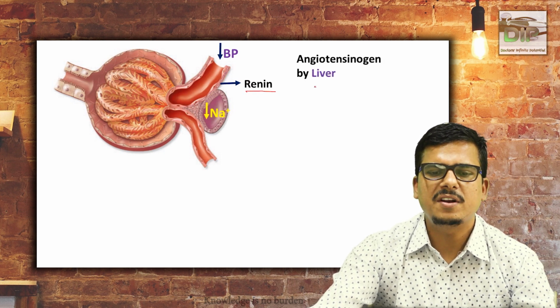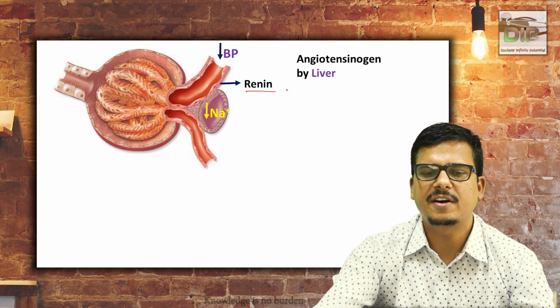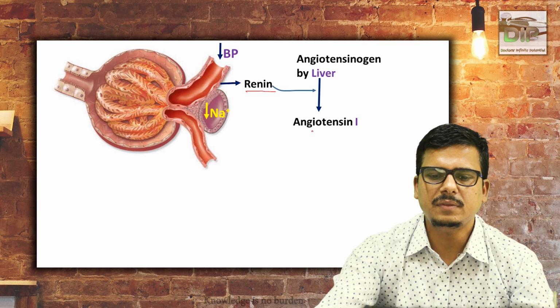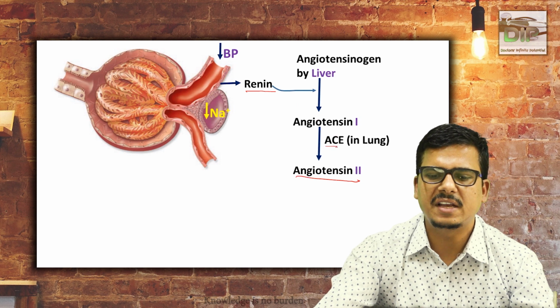This renin is important for conversion of the angiotensinogen, that is secreted by the liver, into angiotensin 1. So this step is catalyzed by renin, and angiotensin 1 is converted into angiotensin 2 through the angiotensin converting enzyme in the lung.